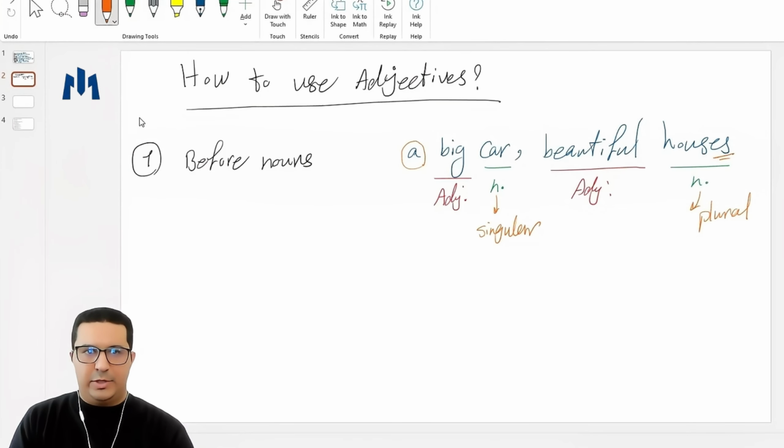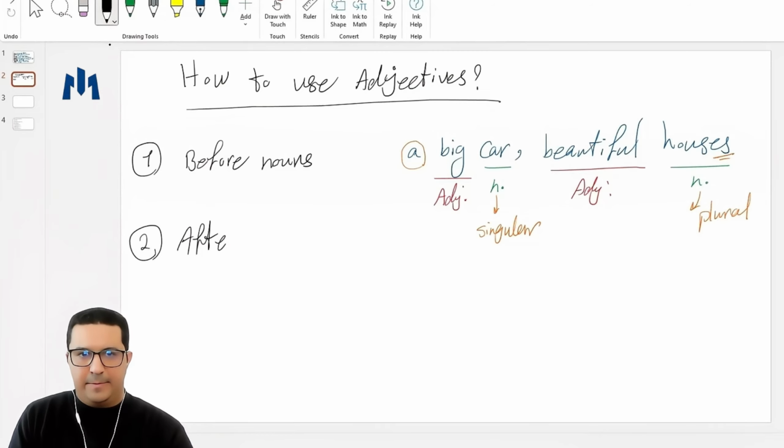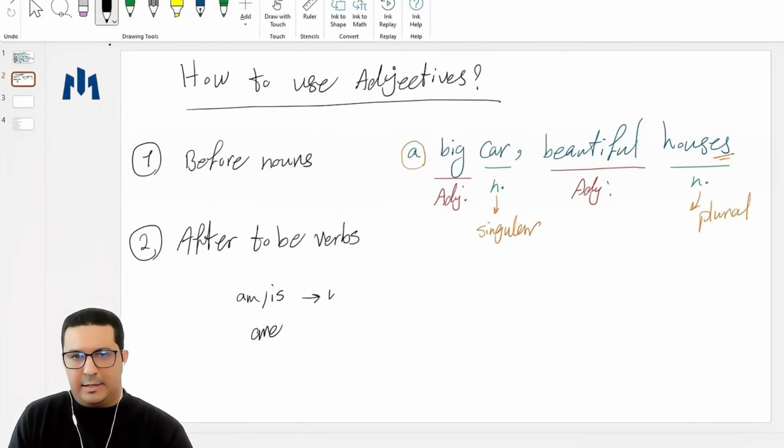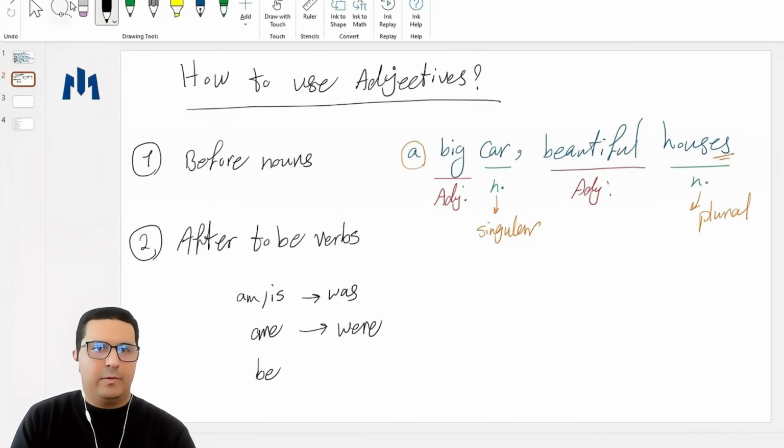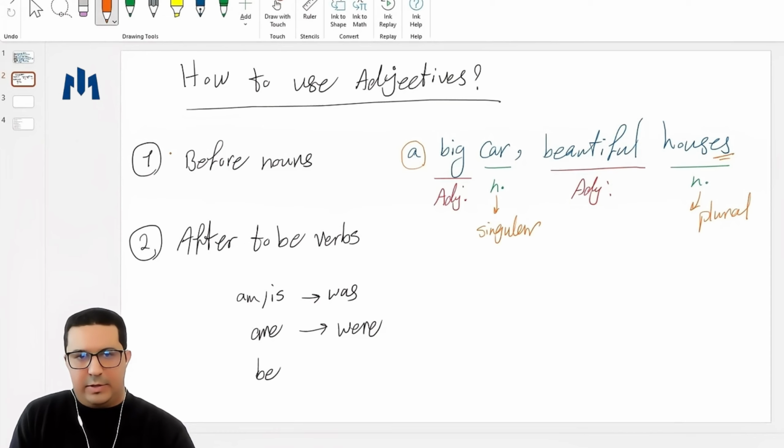The other one, number two, is after to be verbs. To be verbs mean like am, is, are. The past tense is, for example, was and were, and be. We can use these things.